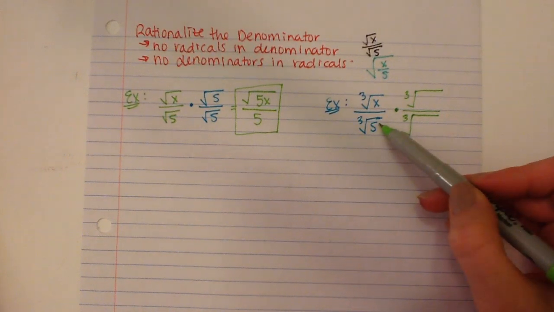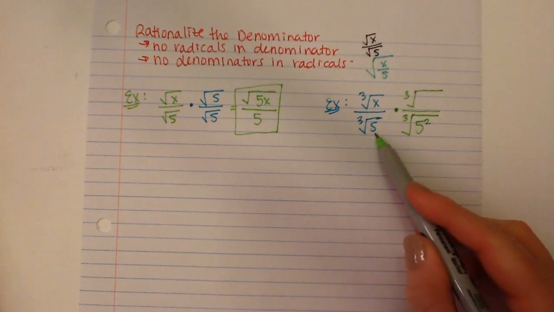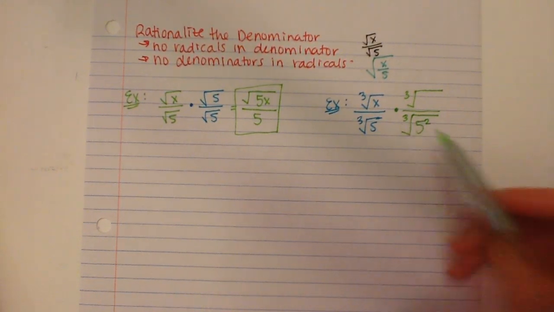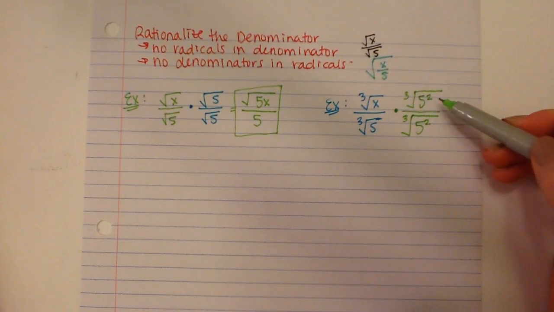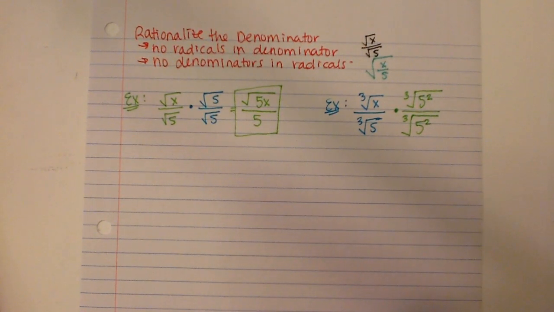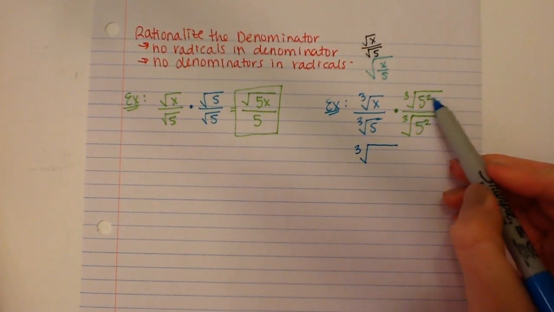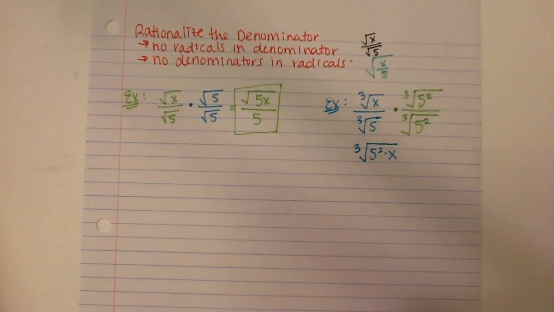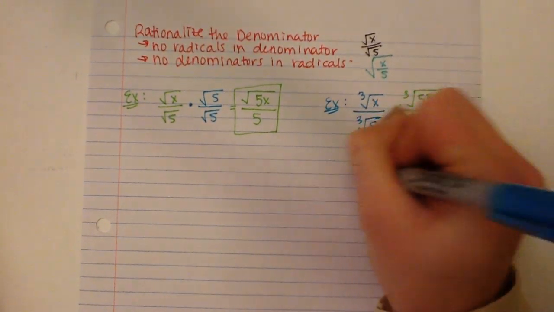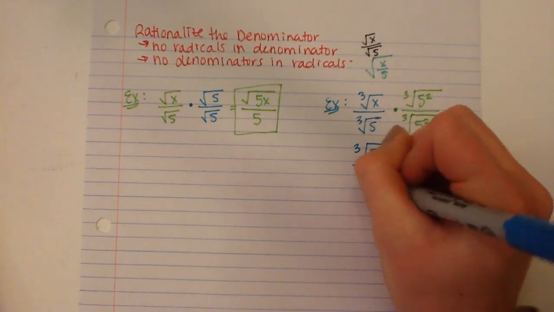So if we have one 5 here, we're going to have 5 squared here. If you multiplied those, that would be 5 to the third. Since our index is 3, that's what we need. Whatever you do to the denominator, you have to do to the numerator. So we're going to have the cube root of 5 squared times x, which is just 5 squared x, over the cube root of 5 times 5 squared, which is going to be 5 to the third.